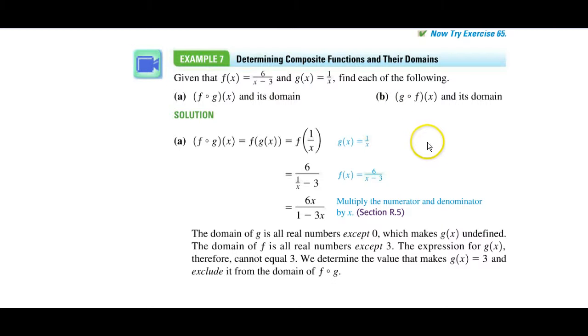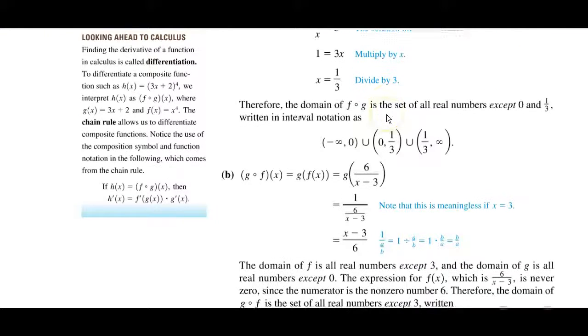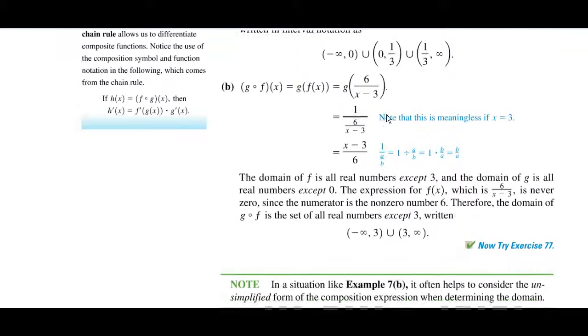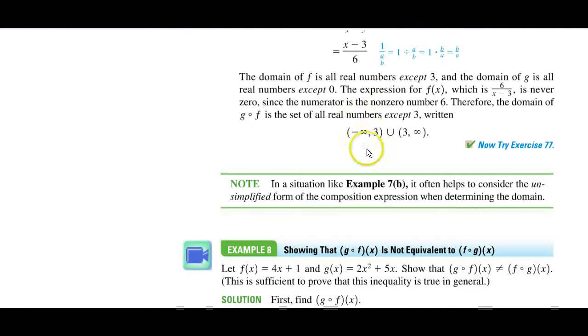And it is worked out in some detail for you. And a new thing that they're showing us is the union symbol, that it will go up to 3, but not including 3, and then starting at the other side of 3 and going to positive infinity.